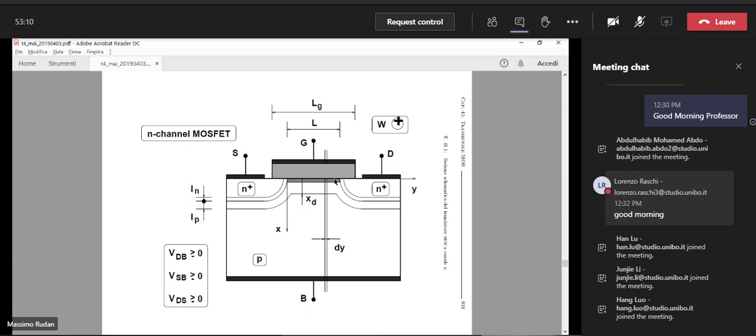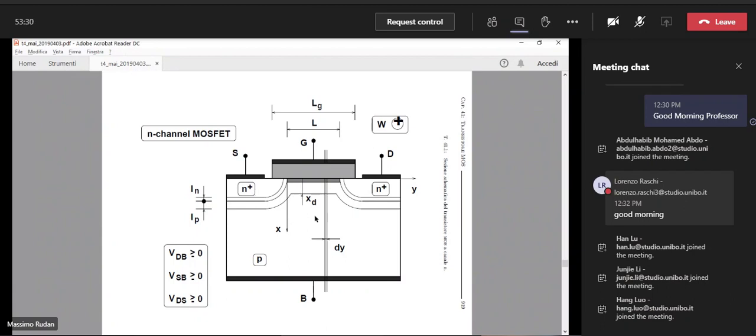So this gray region in this figure, as you can see, connects the N-type region of the source to the N-type region of the drain.